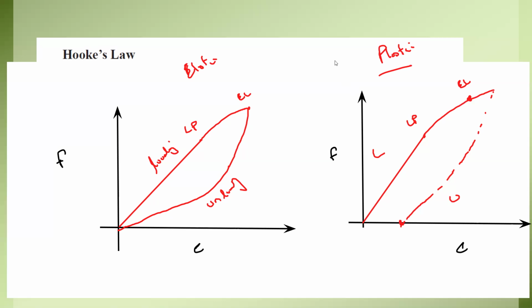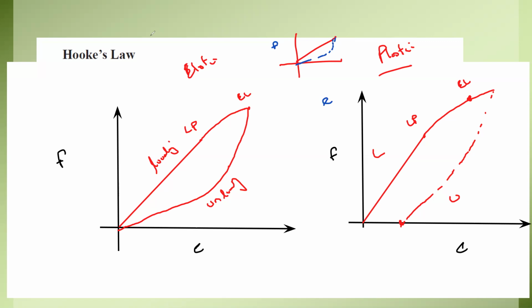How do we draw unloading lines? If you want to sketch a graph for unloading, it should always be below the loading line if extension is on the x-axis, like force and extension. If extension is on the y-axis, then it will be above.